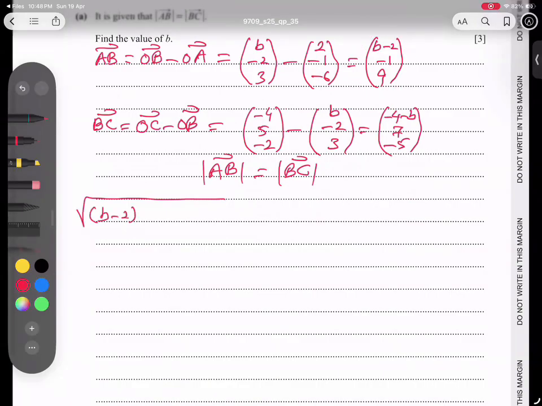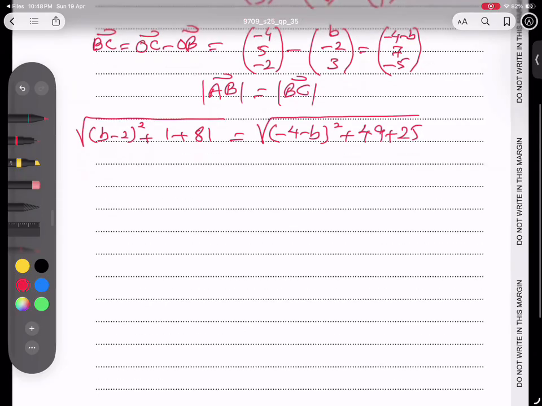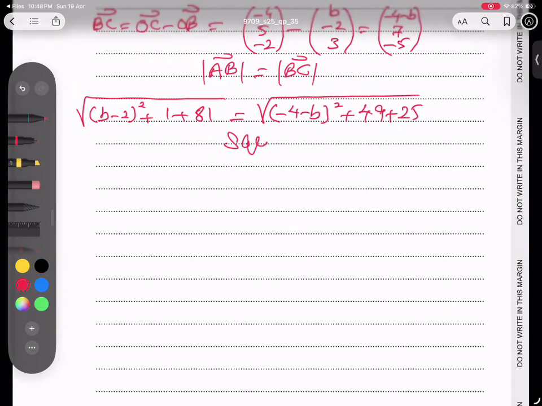So b minus 2 whole square, and 1 square is 1, and 9 square is 81. Same story here, so square of each value and add them. So I'm writing negative 4, negative b whole square, 7 square 49 and 5 square 25. Now squaring both sides, students, so the root will cancel out on top and I got b minus 2 whole square and plus 82.